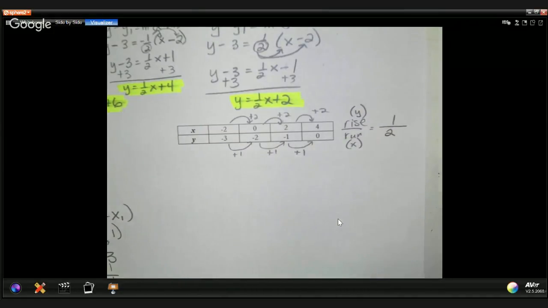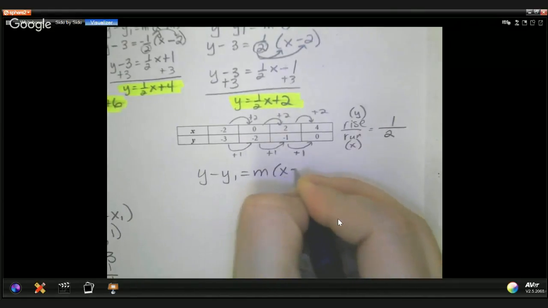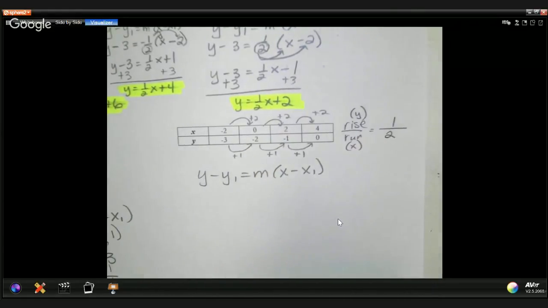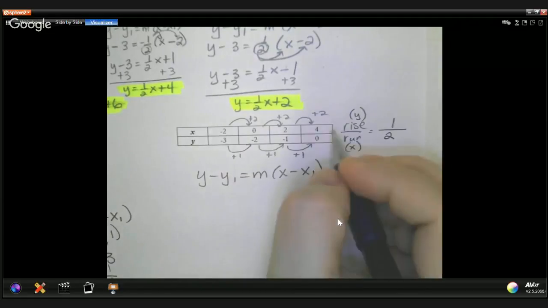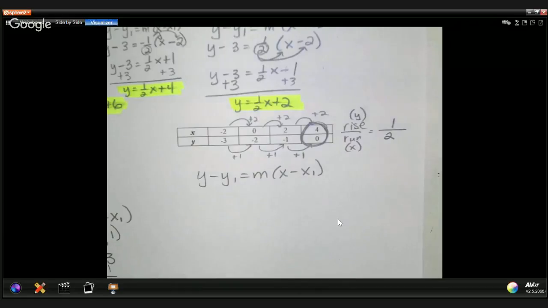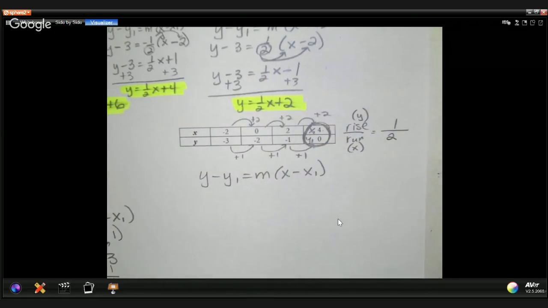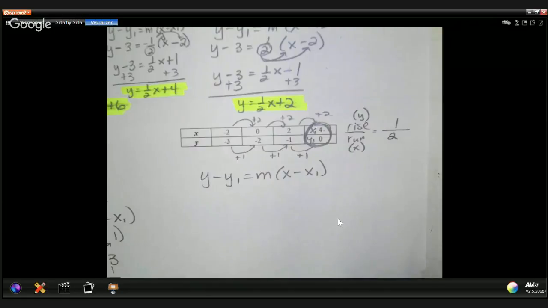For the second part, when we need to have a point, it doesn't matter which of those 4 coordinates you choose, they will all work. I think I'm going to choose the easiest one, which is here, because it's positives and zeros, and positives and zeros are easy to work with. So this would be my x1, and this would be my y1. Again, you could choose any of those 4 sets of points, it'll still work.